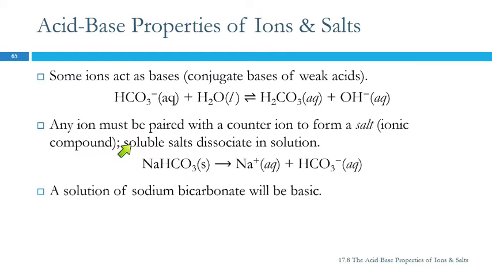So soluble salts, soluble ionic compounds, dissociate in solution, and we're going to pretend they dissociate completely. So sodium hydrogen carbonate is going to form sodium ions and hydrogen carbonate ions. And what are the sodium ions going to do?